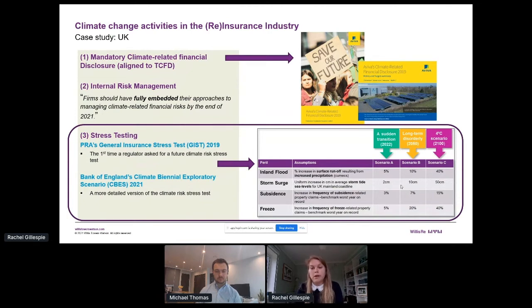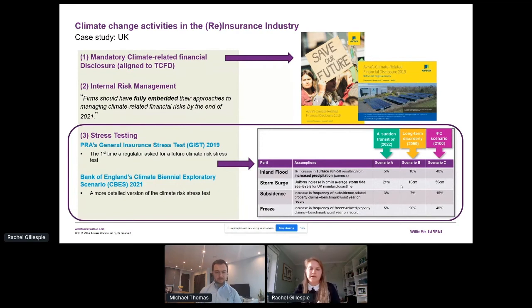And it's split into 3 sections. So you've got your sudden transition, your long-term disorderly, and your 4 degree scenario as well. And for the 4 perils, in quite a basic sense, they were split into how you would see those increases. So would it be an increase in precipitation, an increase in the storm surge levels, for subsidence, what's the increase in your claims?